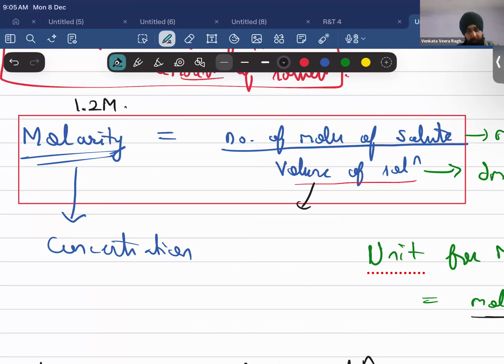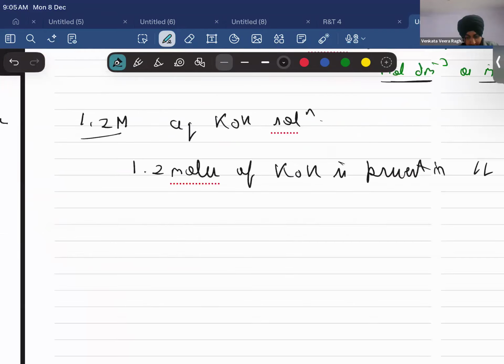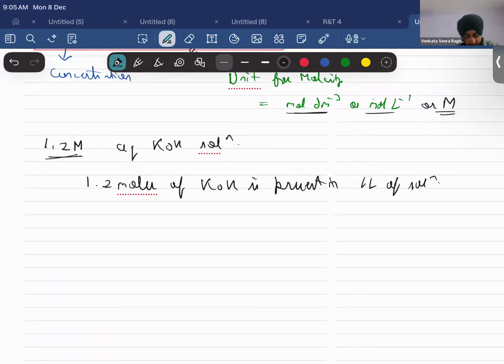I am saying that you take the volume as 1 liter. So if the denominator is 1, then the number of moles of solute will be equal to the molarity in digits. That is what I am writing over here. 1.2 molar aqueous KOH solution means 1.2 moles of KOH is present in 1 liter of the solution. This is how we define the molarity. I hope it is clear.